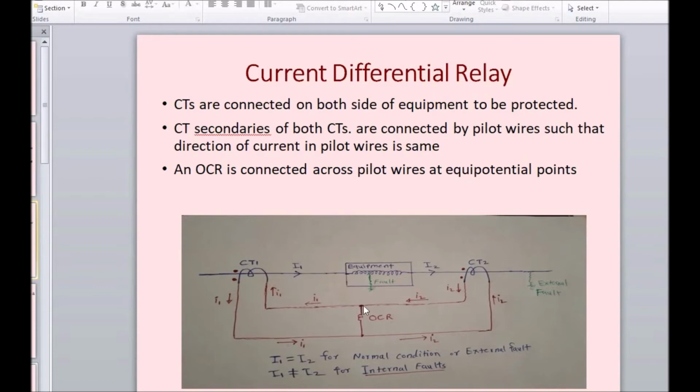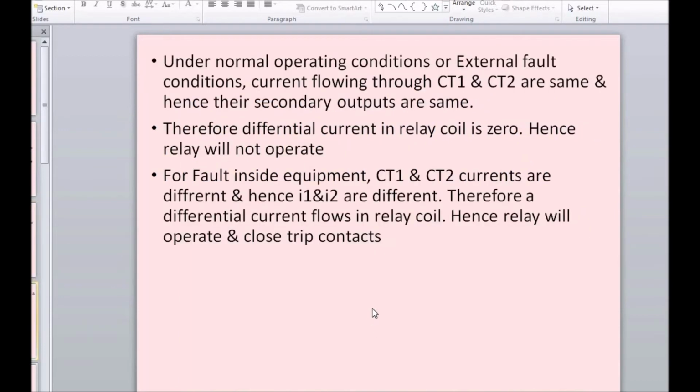That is, a differential current, the difference of small i1 and small i2, flows in the relay coil, and small i1 and small i2 are the same for normal condition as well as external fault condition. Therefore, no current flows through the relay coil and the relay will not operate.